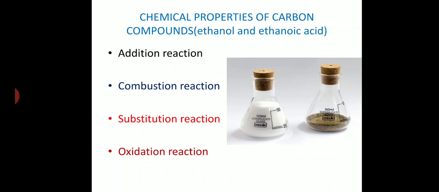It's an example of addition reaction. Next, combustion reaction. So organic compounds burn with oxygen to form carbon dioxide, water, and release a lot of energy. So organic compounds, methane, ethane, butane, these are used as fuel.